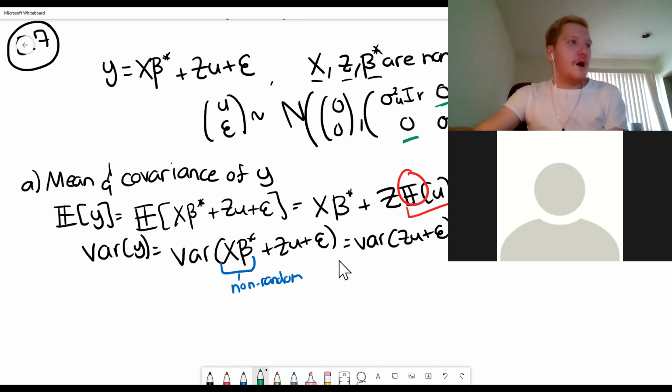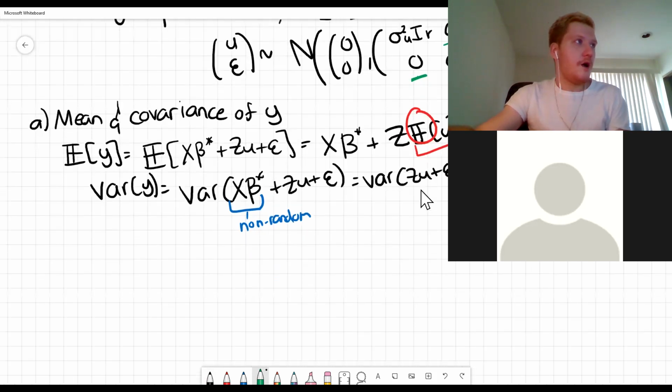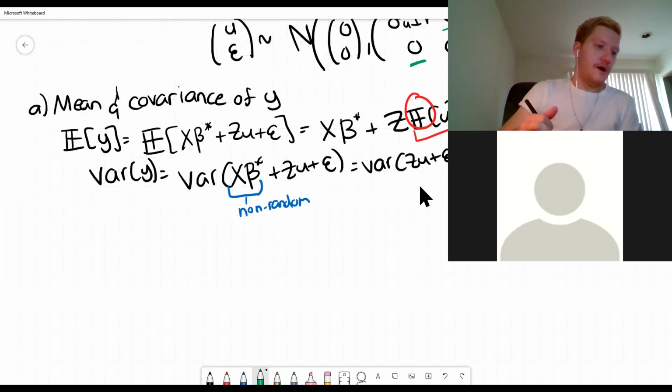And then they ask for the distribution of y. Since it's a sum of normals, it's going to be a normal distribution. For B, they want you to find the joint distribution of y and epsilon.